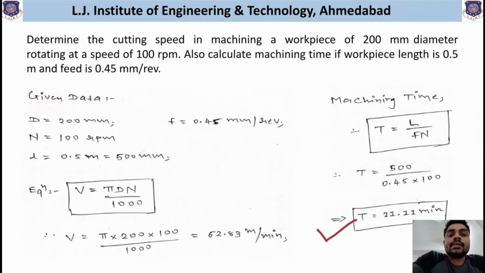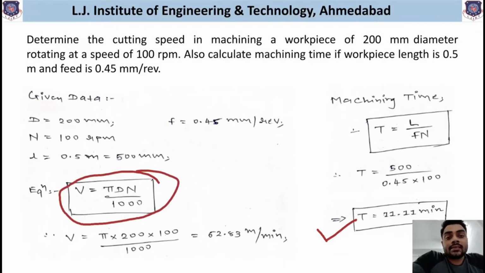So that is nothing but the machining time. That means for this particular machining operation, for a component length of 500 mm, it will take nearly 11.11 minutes. So now using these two equations, the first one, velocity equals pi D N divided by 1000, will be useful to find cutting speed, and this other equation is useful to find the value of the machining time.